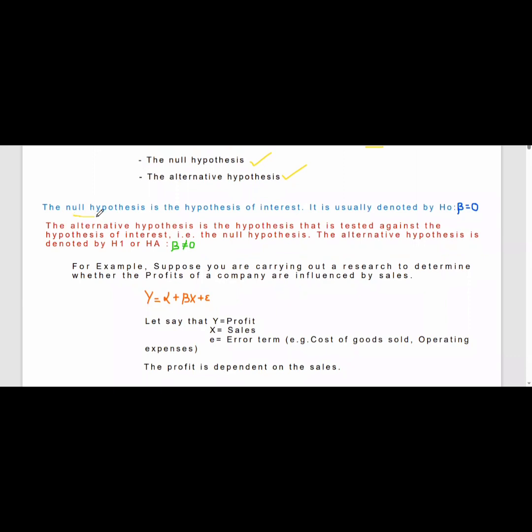So the null hypothesis is the hypothesis of interest and is usually denoted by H0, that is, beta naught equal to 0.